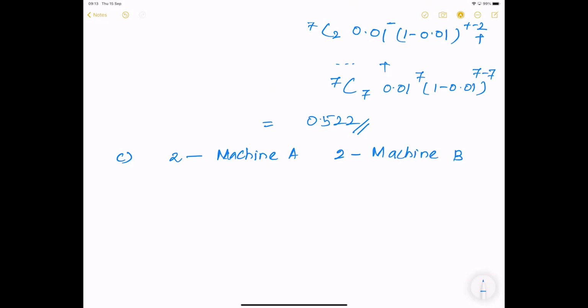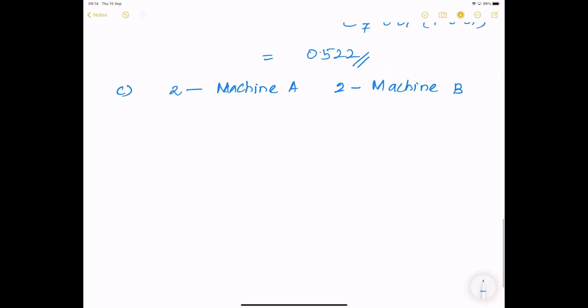What is the probability that exactly two of these four nuts are defective? Let's see how to solve that one, right?